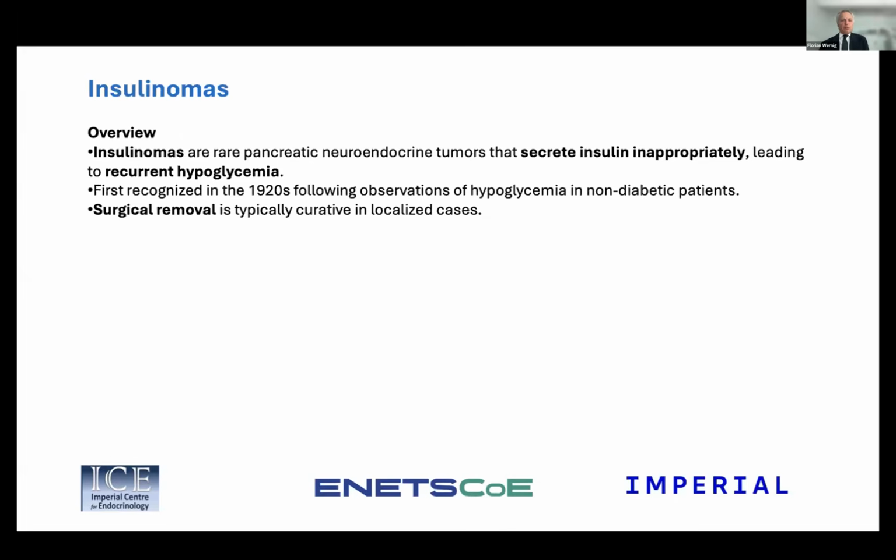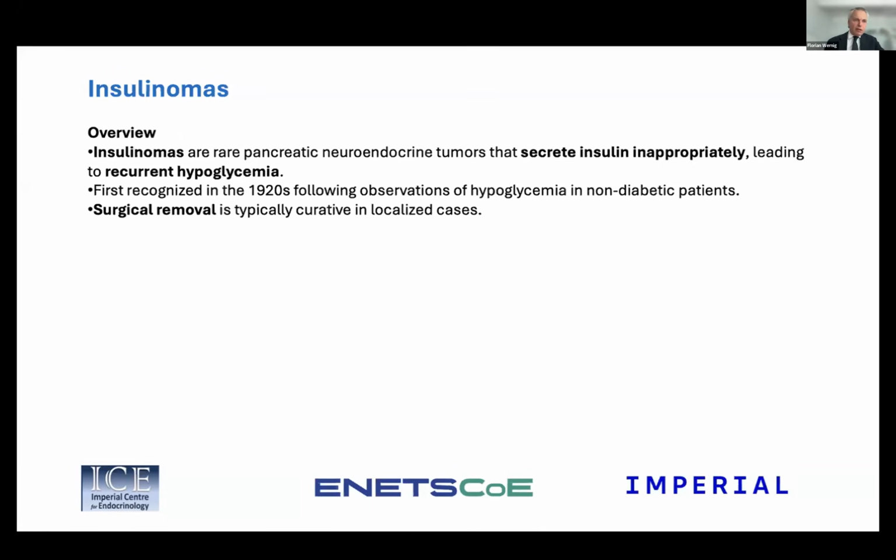Now back to insulinomas, because it's possibly something we do see slightly more commonly than the other tumors. So insulinomas are still very rare pancreatic neuroendocrine tumors that secrete insulin inappropriately, leading to recurrent hypoglycemia. They were first recognized in 1920, following observation of hypoglycemia in non-diabetic patients.